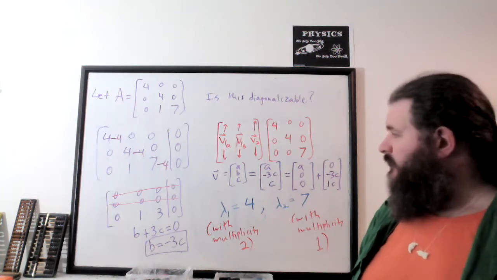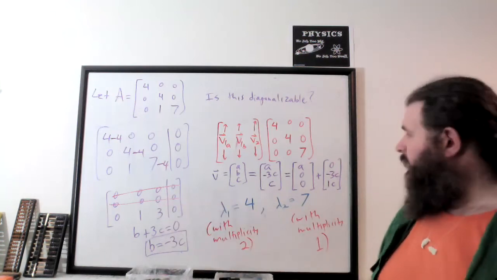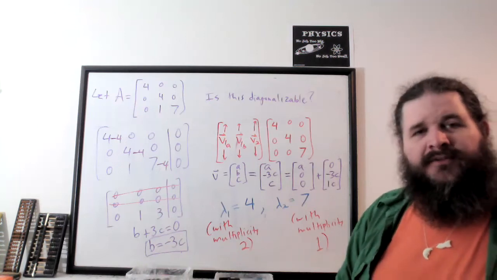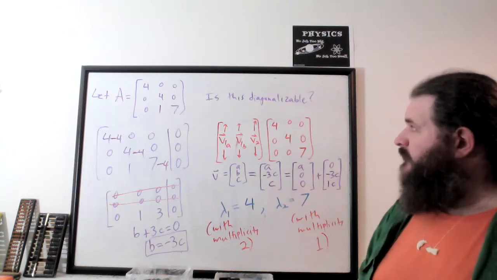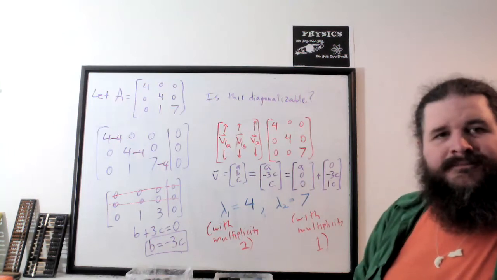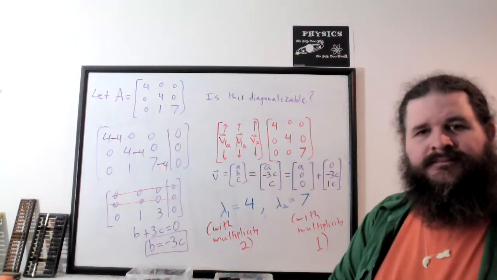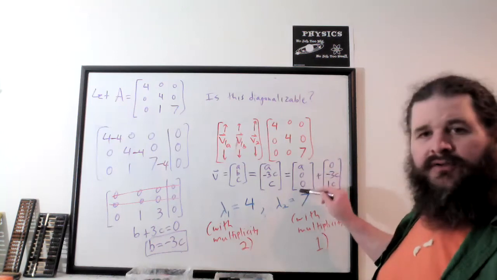So the set of all solutions to this A minus lambda I times V equals 0 is anything of this format. But we can split this up a little further. For instance, A, 0, 0, if we factor out A, what's left? 1, and then we still have zeros here.